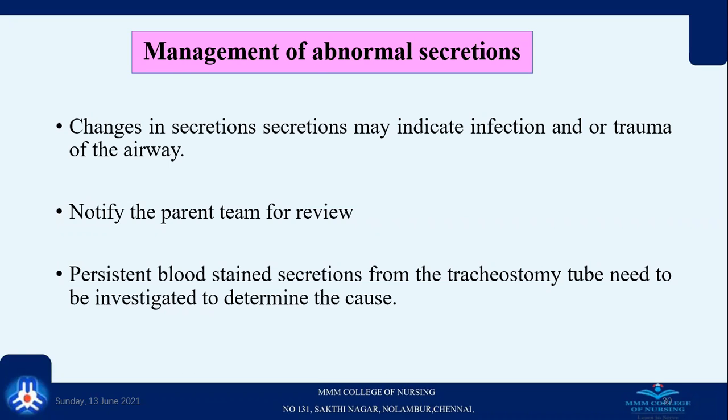They may suggest sending a sputum specimen for culture and sensitivity, and they also consider commencement of antibiotics as prophylaxis or to treat infection. Persistent blood-stained secretions from the tracheostomy tube need to be investigated to determine the cause of the excessive secretions.